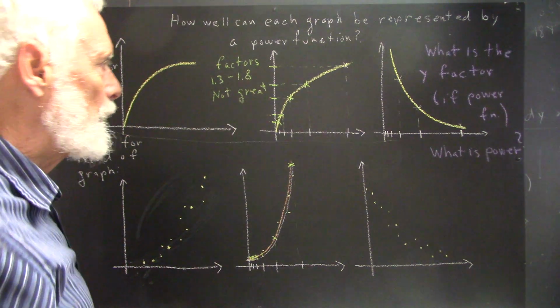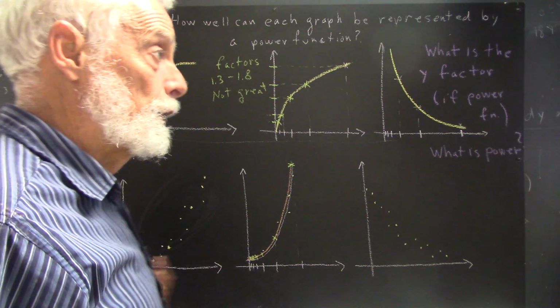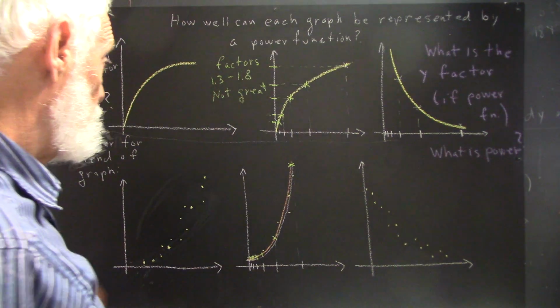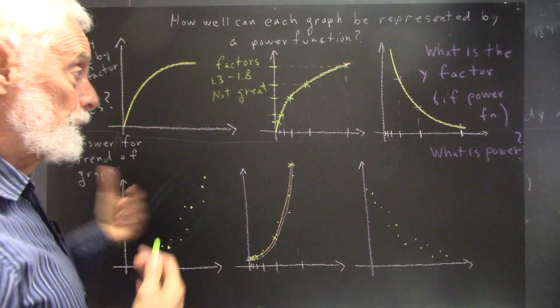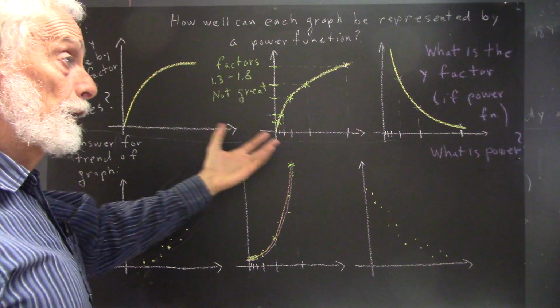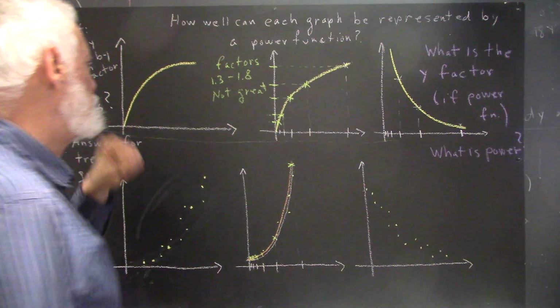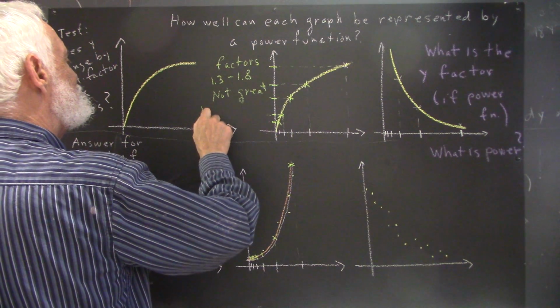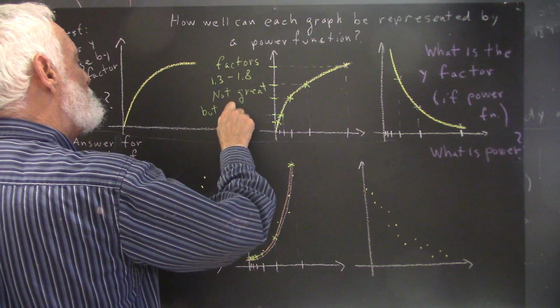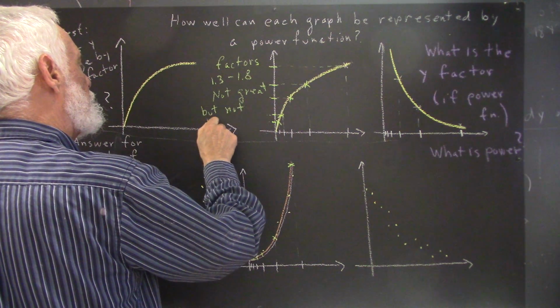But it's better than what you get with a lot of the other graphs. So I won't say whether any of the other graphs do better than this or not. It's not great, but not terrible.